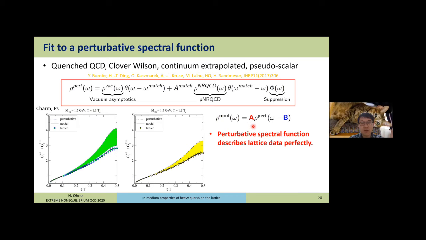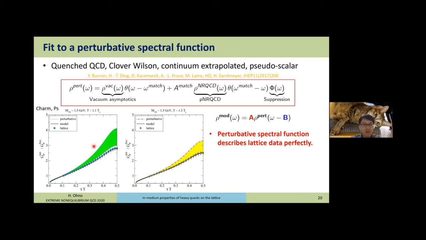We introduced a scale factor here and some shift here, and these two plots show our result. These data points correspond to our lattice data, and this band just corresponds to this perturbative spectral function itself.